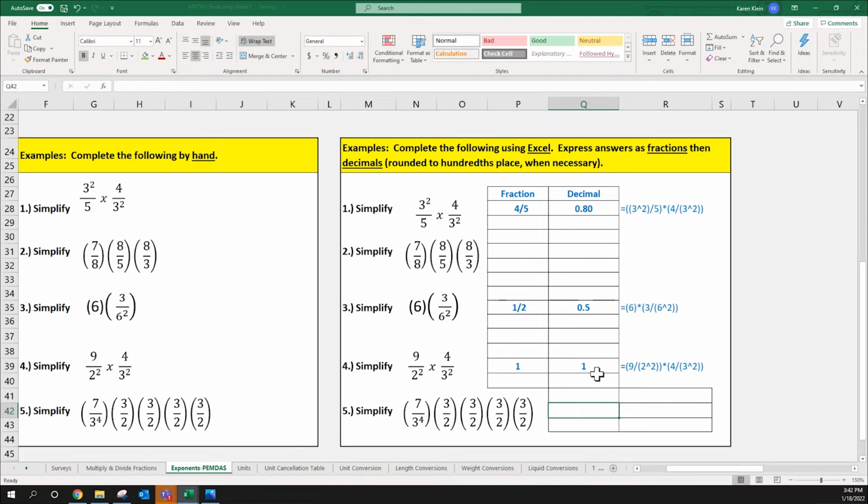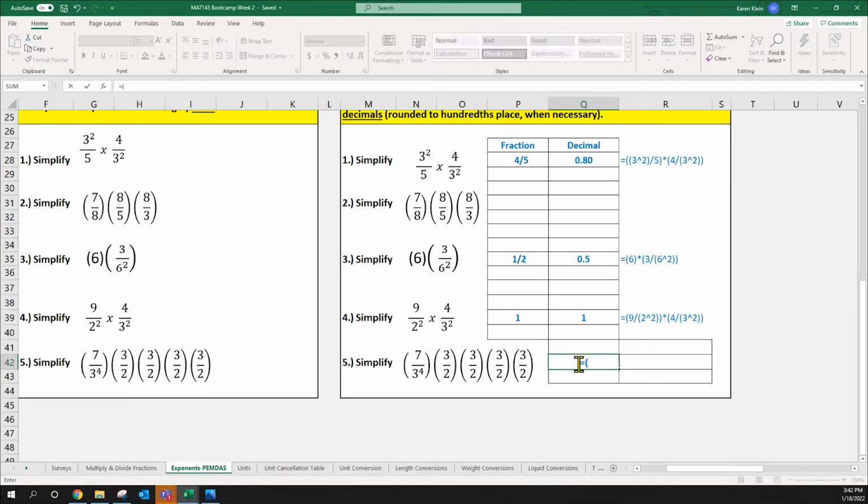So here the decimal and the fraction are the same. There might be a way for me to shortcut this. Since I have 3/2, 3/2, 3/2, and 3/2, 1, 2, 3, 4 times, that's the same thing as raising that to the whole power of 4. So let's see if we get the same answer here.